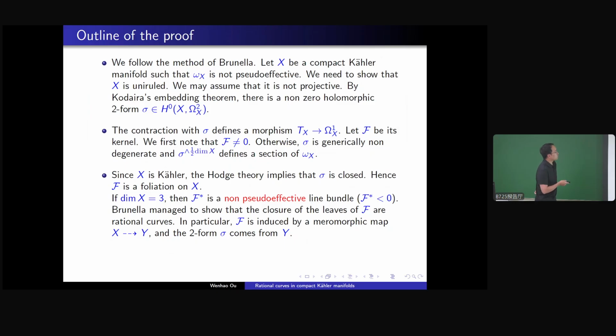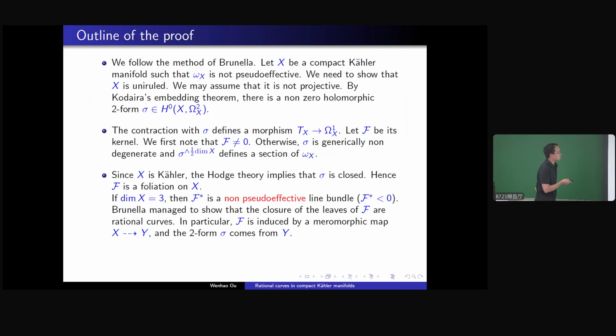In the situation of Brunella for threefolds, we very easily deduce that F star is a non-pseudo-effective line bundle, which means F star is negative. Pseudo-effective means some positivity, so it's non-pseudo-effective, and I write it in this way: F star is negative.